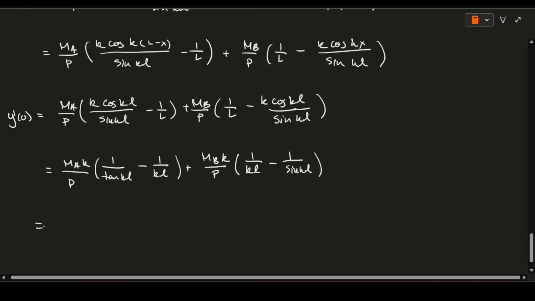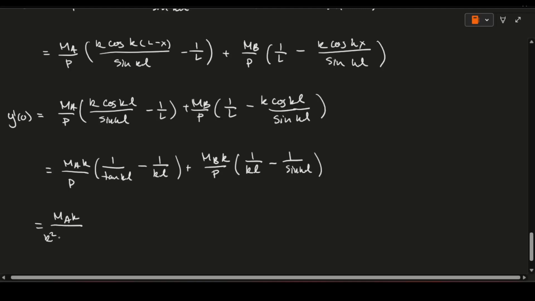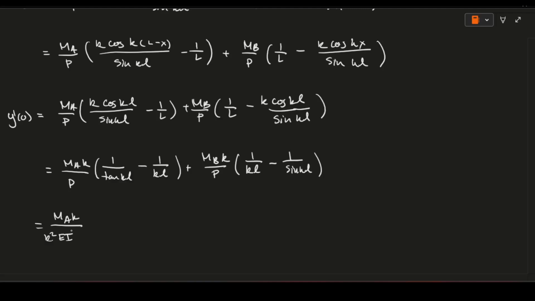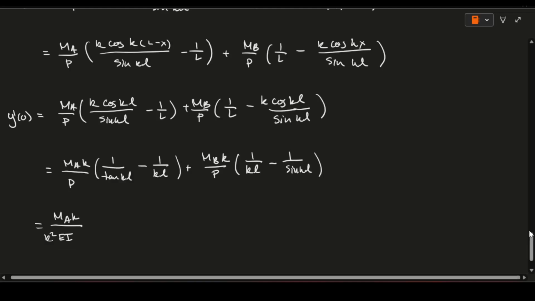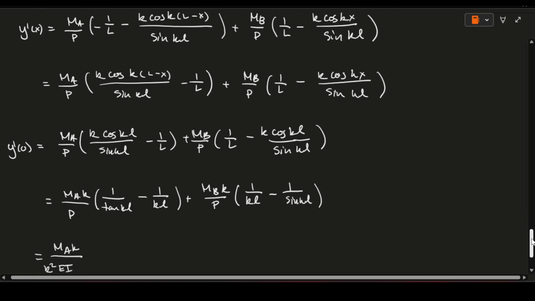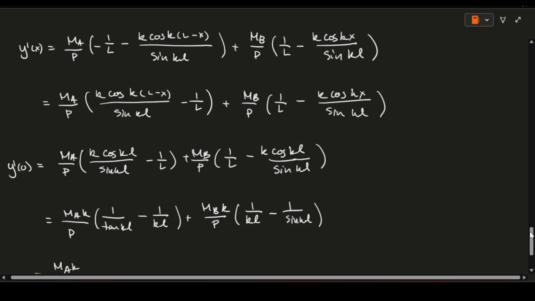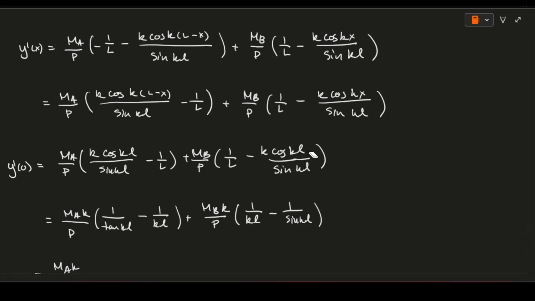So we can use the fact that P is equal to K squared EI. Made a little mistake here. It's not KX.